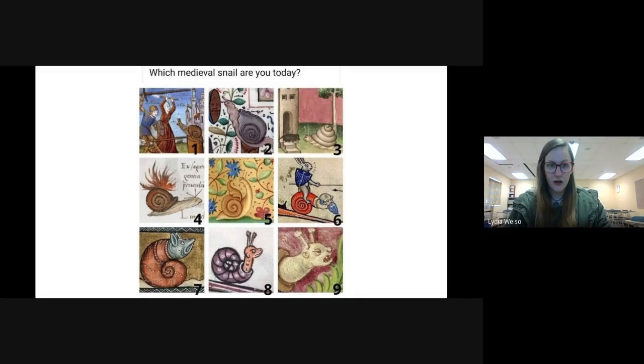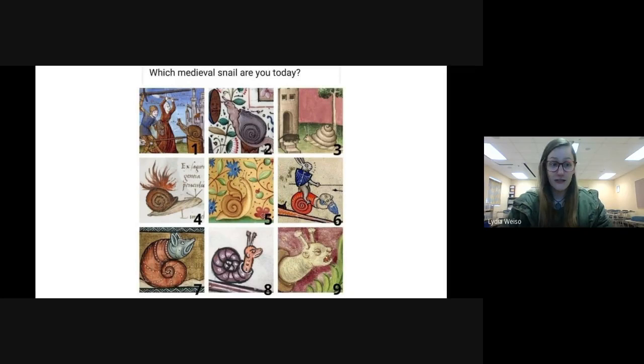Which snail are you most feeling? Okay, Lauren says she's at a number 7.